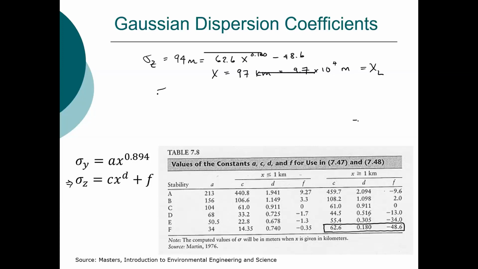So now we need to find the dispersion coefficient in the Y direction, and that is equal to A times X to the 0.894. So that's this equation right here. And A is equal to 34.